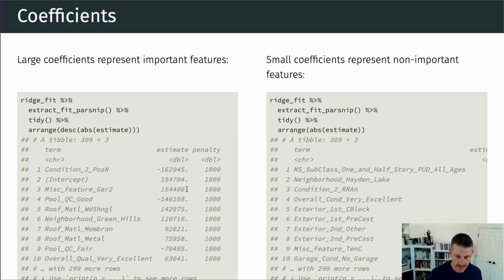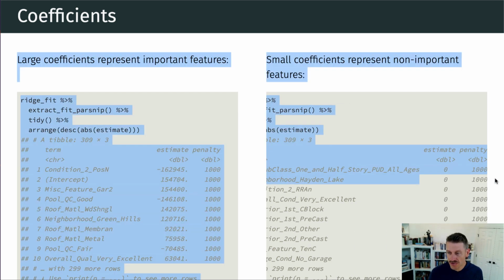This is the intercept, but some of these other ones are on predictor variables. These are all coefficients that were allowed to become very large because using them, we saw an equal or greater decrease in the sum of squared errors. So these are coefficients that our model is finding are very influential in having accurate predictions.